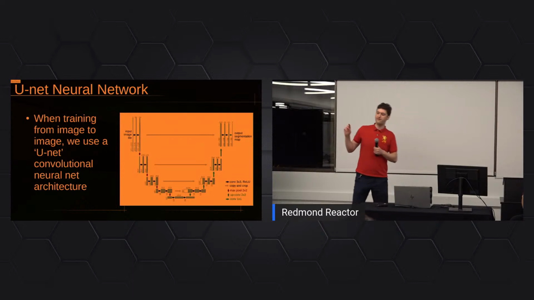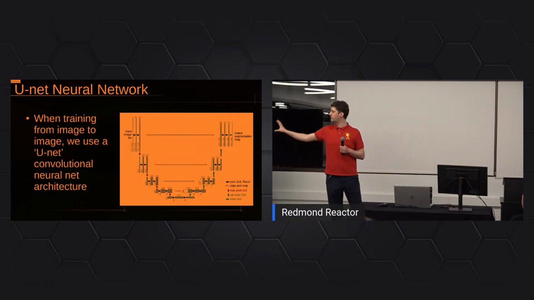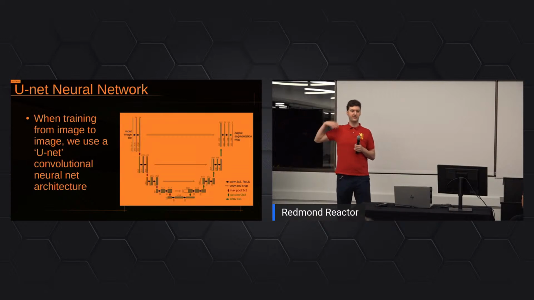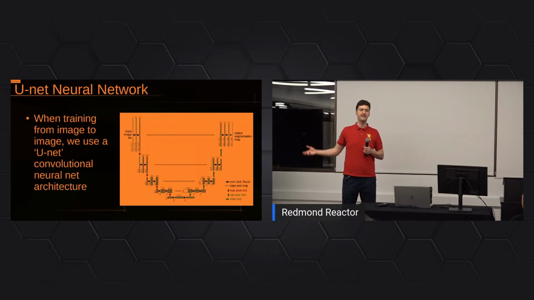Most importantly, as far as diffusion models go, the reason why this is so critical and so common is because it's a convolutional neural network. It's a CNN. So the dimensionality of the output and the dimensionality of the input are going to remain the same, essentially. And we don't need to have a fixed size necessarily for everything.